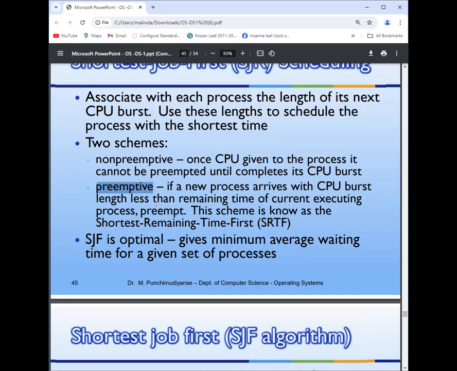That is called non-preemptive. SJF, shortest job first, is optimal because it gives time for shorter jobs to run based on the availability of the jobs in the queue.